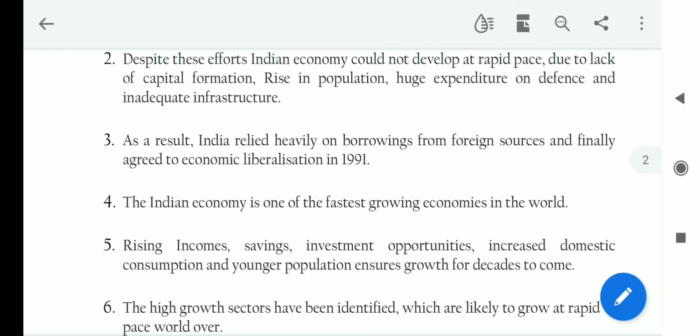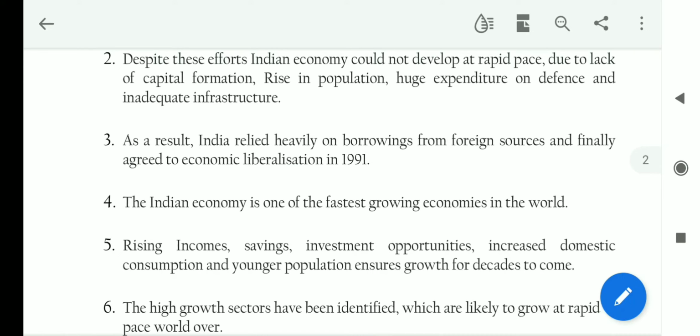Then fourth, the Indian economy is one of the fastest growing economies in the world. If we compare with other countries, India's economy is among the fastest growing. Rising incomes, savings, investment opportunities, increased domestic consumption, and a younger population ensure growth for decades to come.